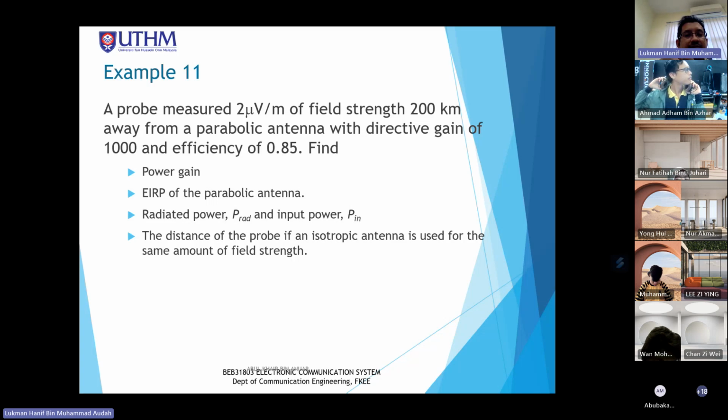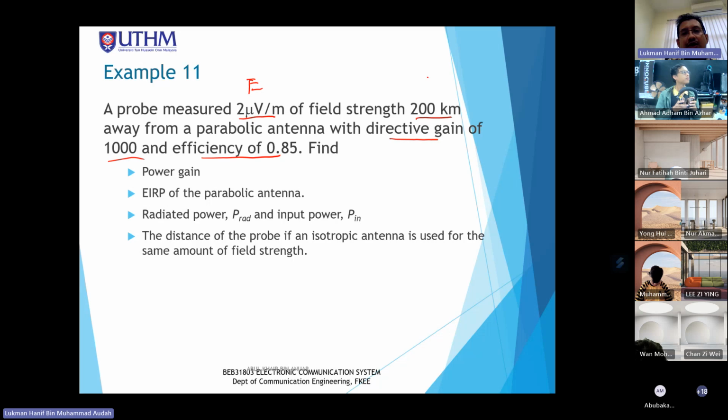Example 11: a probe measured 2 microvolt per meter of field strength 200 kilometers away from a parabolic antenna with a directivity gain of 1000 and an efficiency of 0.85. So you are given the E field.